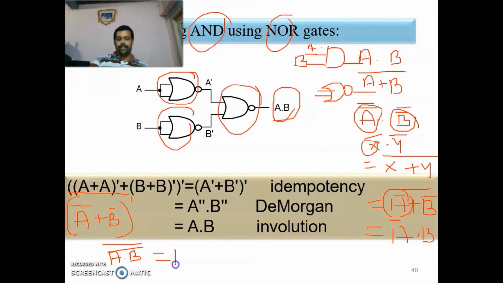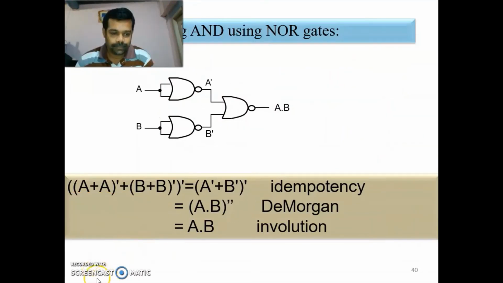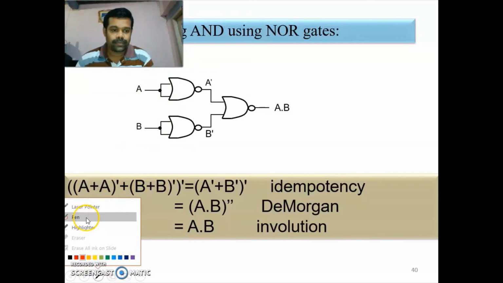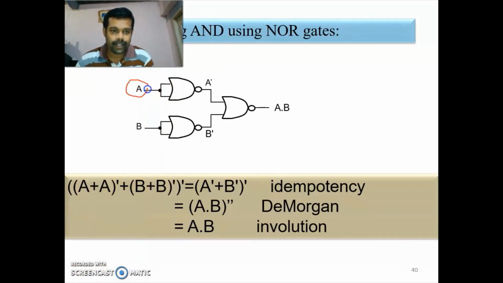It is nothing but A. Here you are having A, so we are giving it to the NOR gate. So A plus A plus A is A, so here we will be getting A bar. Here B plus B plus B is B, so here we will be getting B bar.